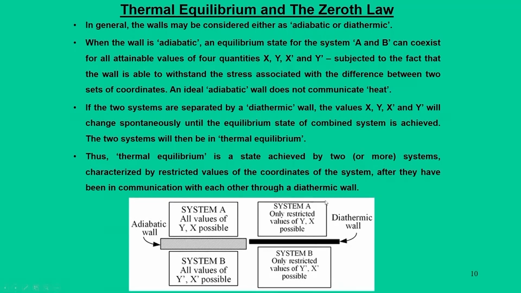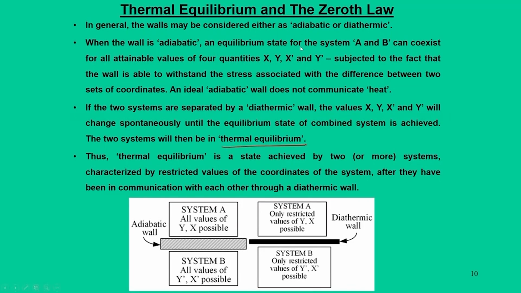But looking at the other figure, where system A and system B are separated by a diathermic wall, we can say that only restricted values of x and y are possible for system A, and only restricted values of y dash and x dash are possible for system B, because there is always communication between system A and B through heat transfer. This mechanism we call thermal equilibrium.